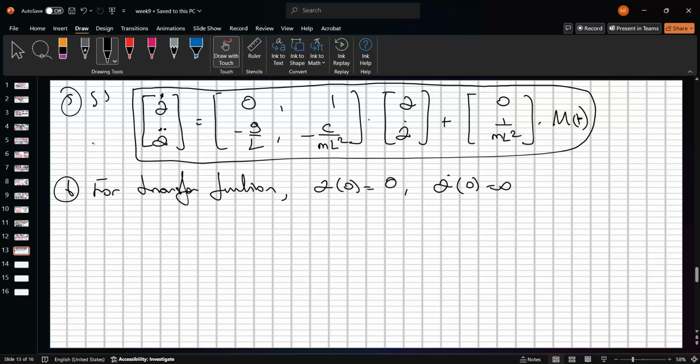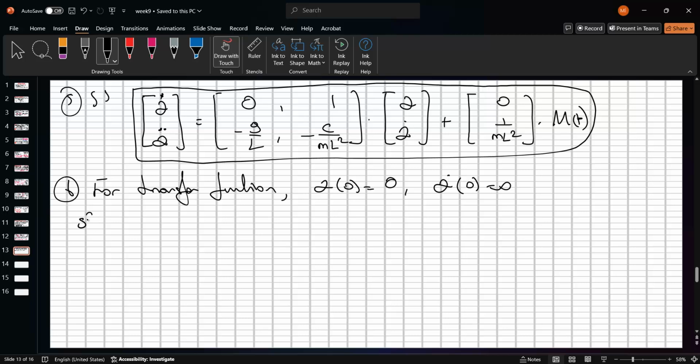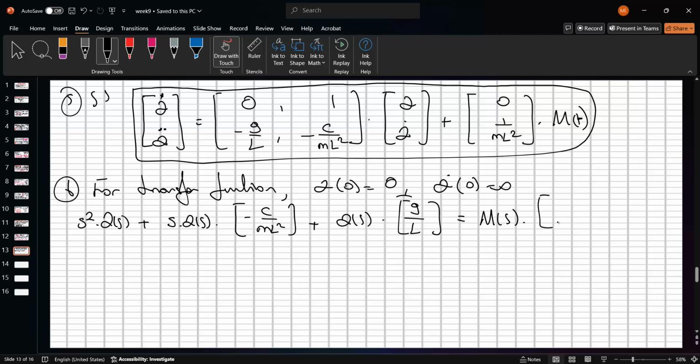And so our equation is equal to these terms, and we can write s squared times theta(s) plus s times theta(s) times minus c divided by ml squared plus theta(s) times g divided by l, right, which is equal to M(s) times 1 divided by ml squared, right? This is our equation of motion in terms of the Laplace domain transformation.